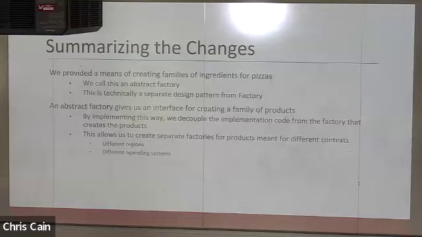This is useful in practice for things like different operating systems. If you want to separate the code that makes your application run on Windows versus Mac versus Linux, now you have the ability to do that in a way that can't be mixed up. If you have multiple user interfaces, you can now swap out those associated user interfaces, with an abstract factory for that particular user interface.